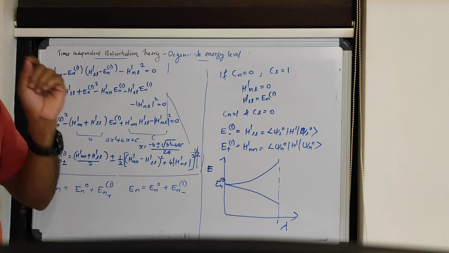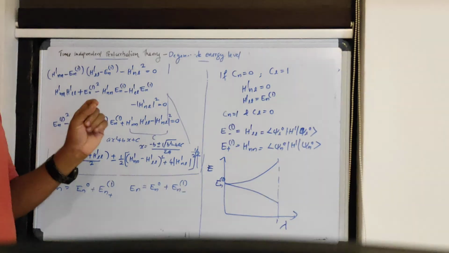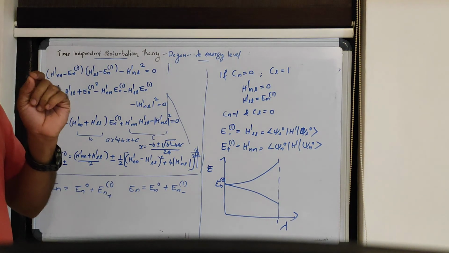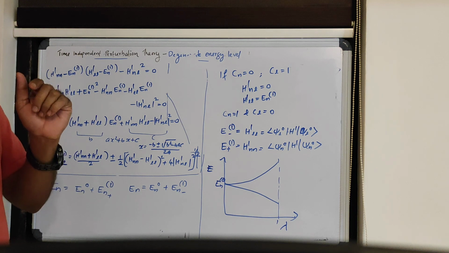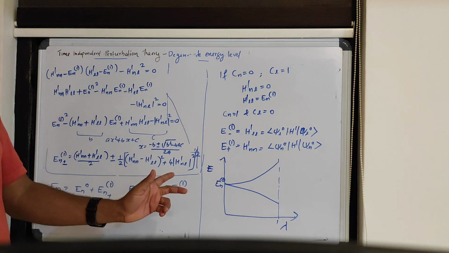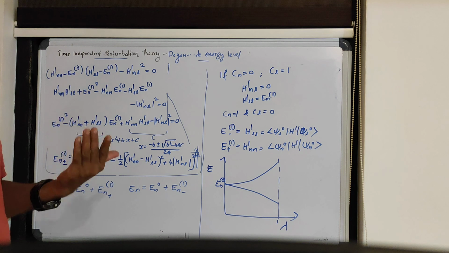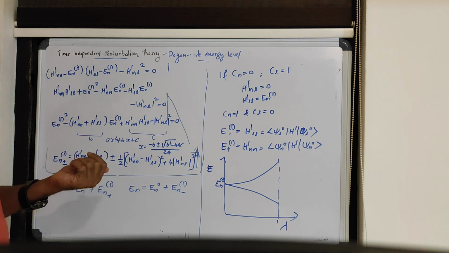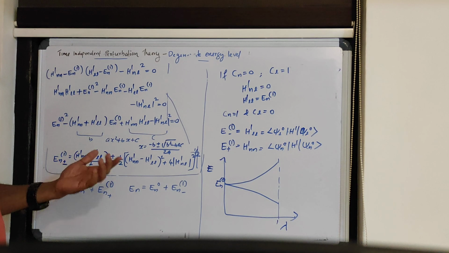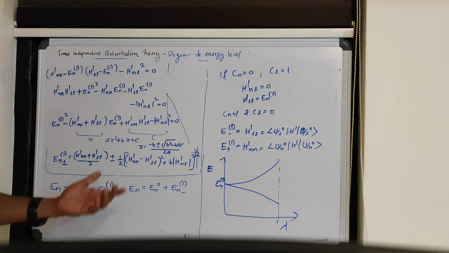The main point here is that the perturbation is the reason for the removal of degeneracy in this case. Degeneracy can be removed due to this perturbation. We will do the problem on this in the next lecture. Thank you.